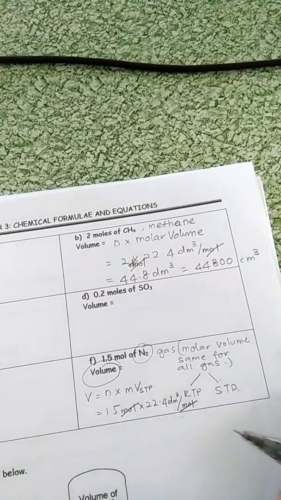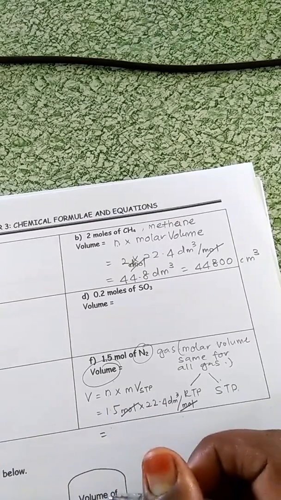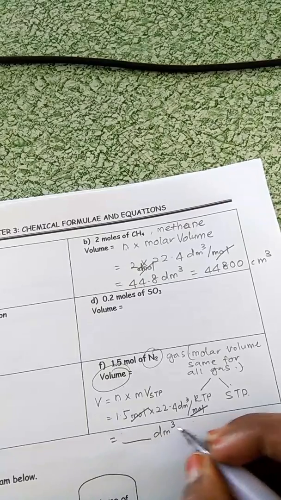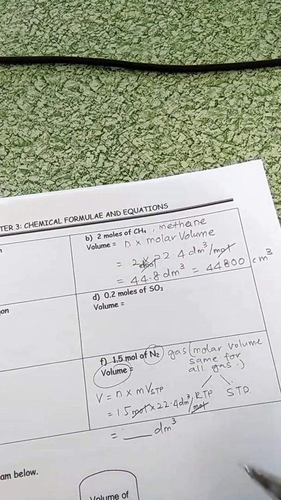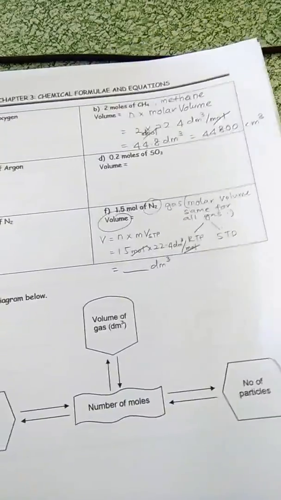So you can cancel off these two, and you can calculate the dm cube. Okay, clear? So next we go here.